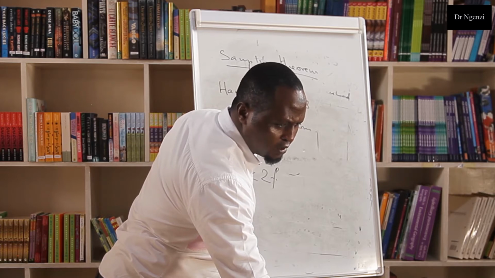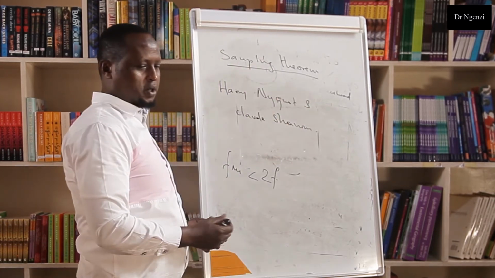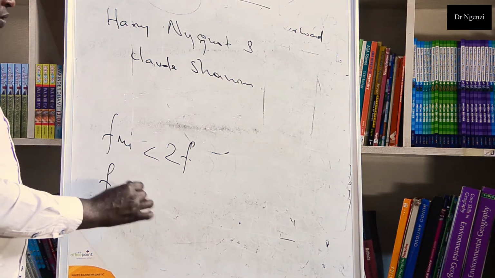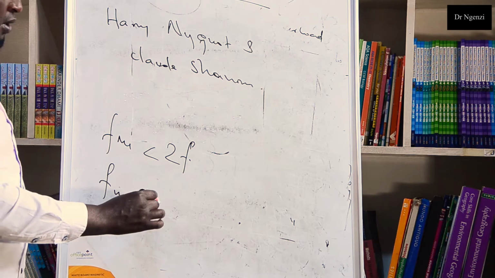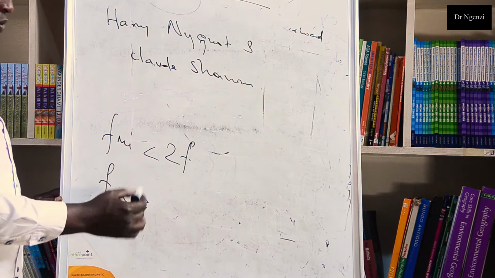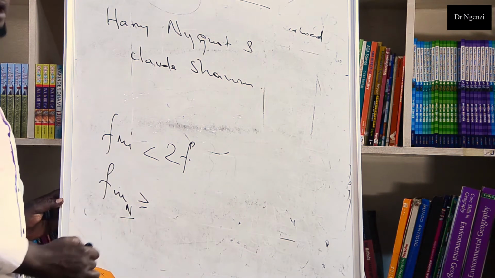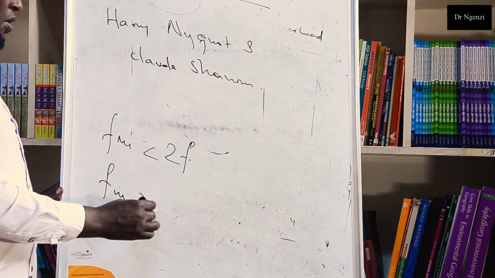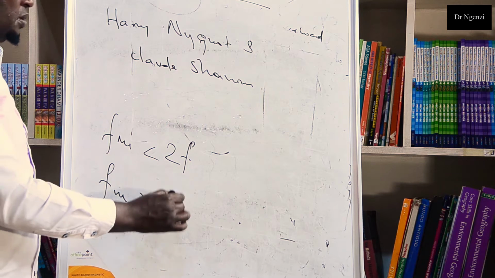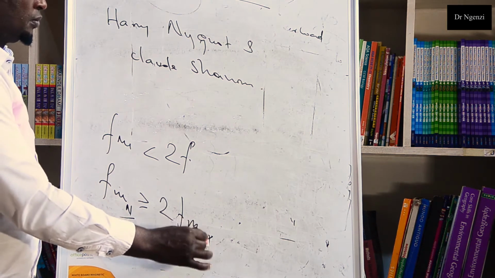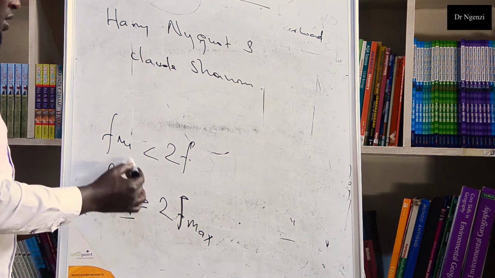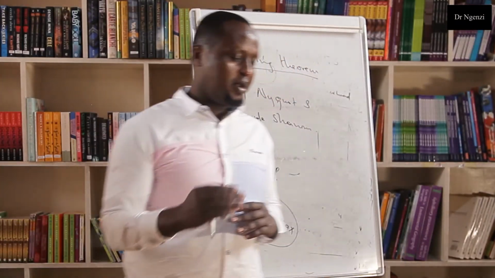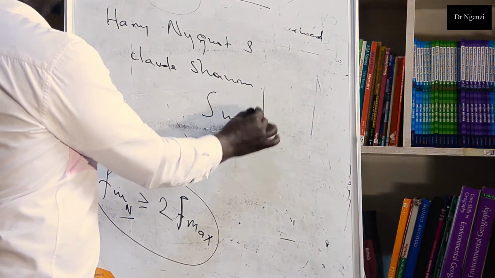In this case, you can easily determine it: the sampling frequency is going to be greater than or equal to 2 times the maximum frequency, F max. So this is what they found, which means the sample at the maximum level is twice the normal frequency of these sine waves.